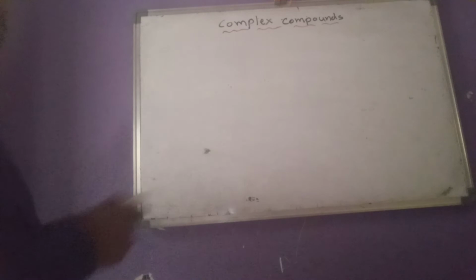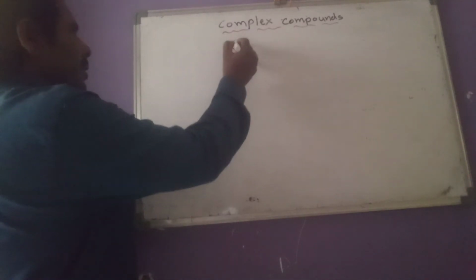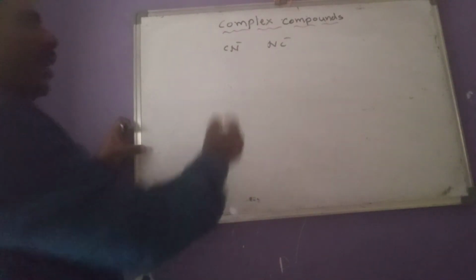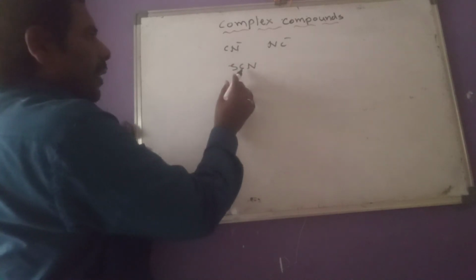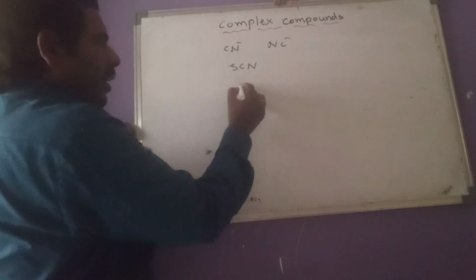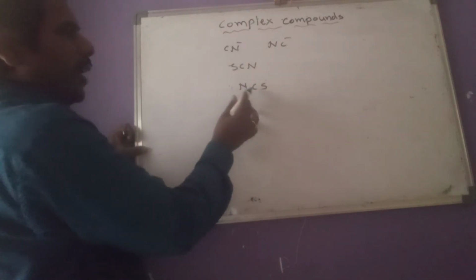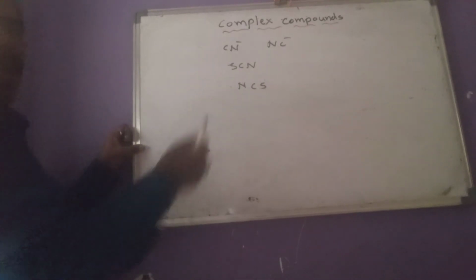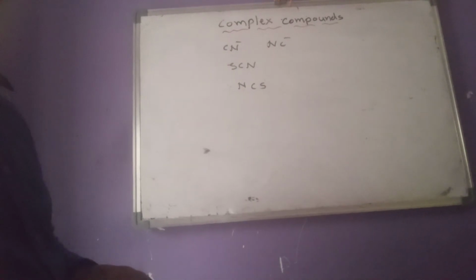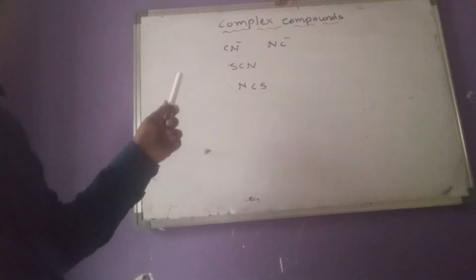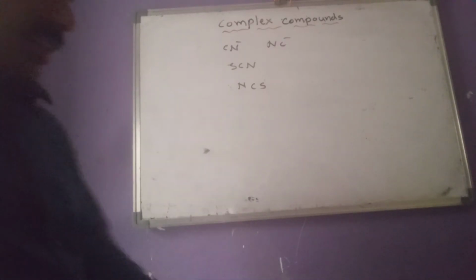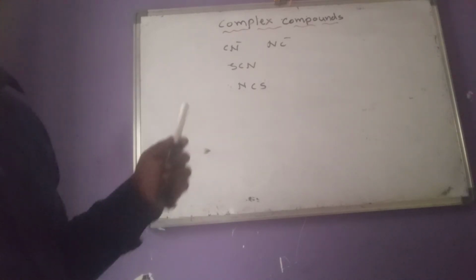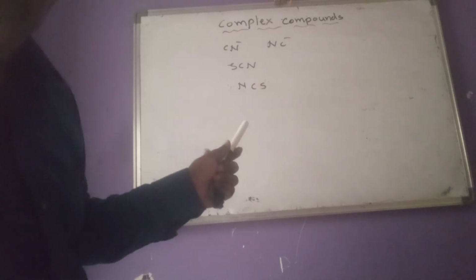Examples: cyanide, CN minus, and this can be written as NC minus, isocyanide, and then SCN, thiocyanate S, and another one NCS, thiocyanate N. At the time of coordination, either S or N, any one of them will coordinate with the central metal ion, but not both of the donor atoms.